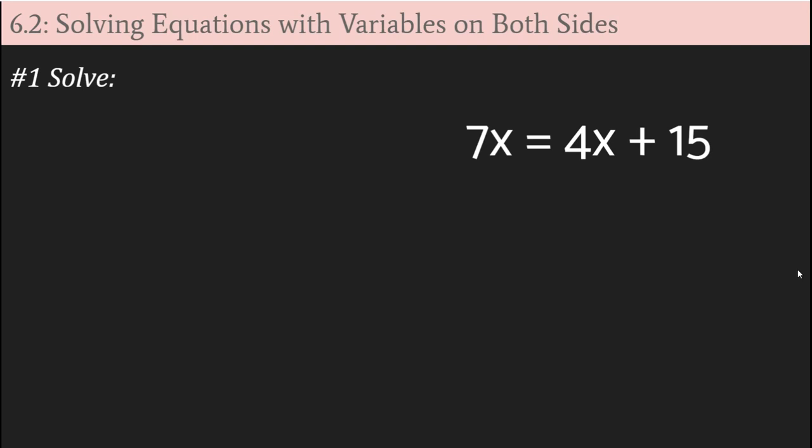So in this question here, we've got 7x is equal to 4x plus 15. Now, you can see that you have variables on either side of the equation. So in this case, we would need to be focusing on collecting the like terms. The first step is we need to make sure we're picking our side.